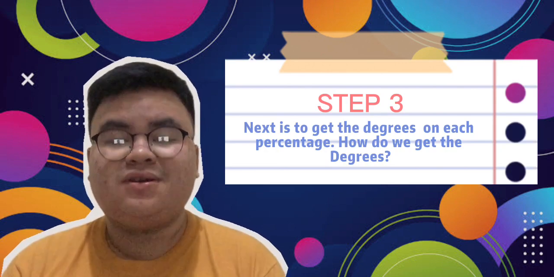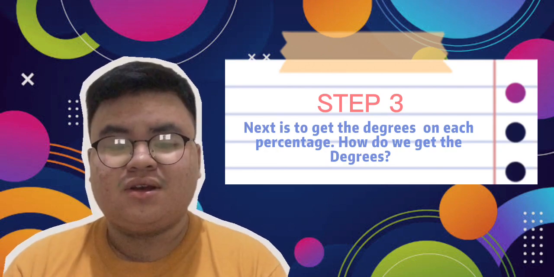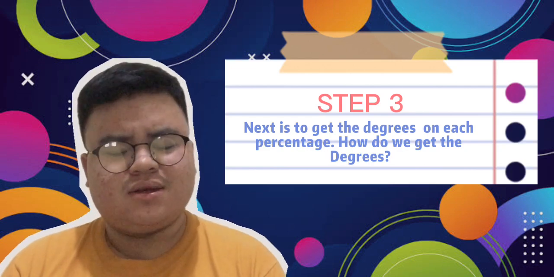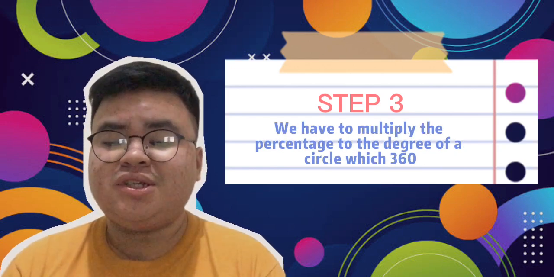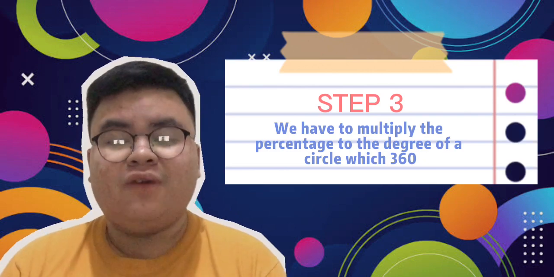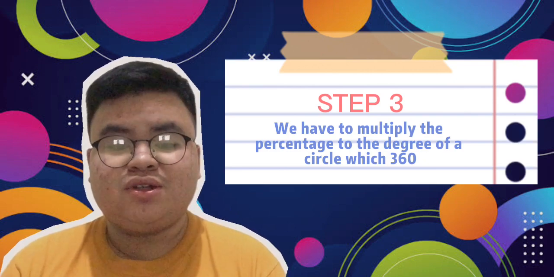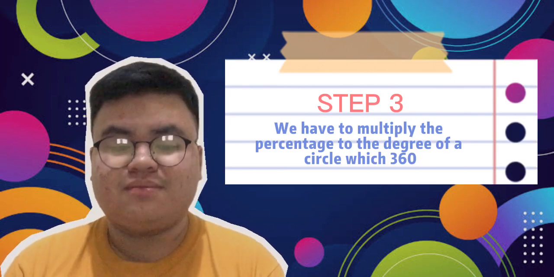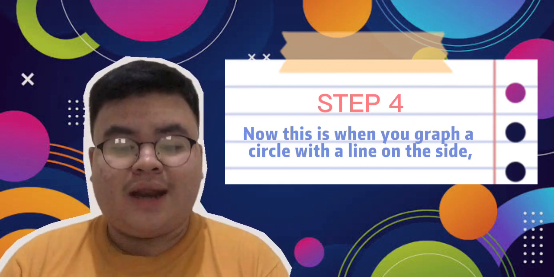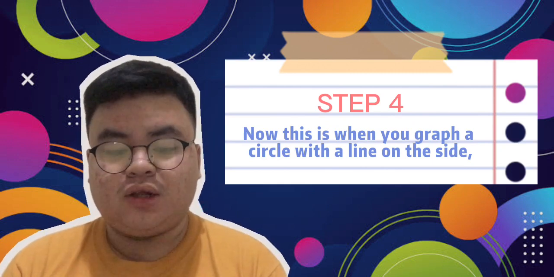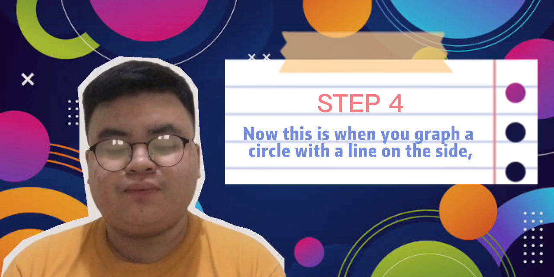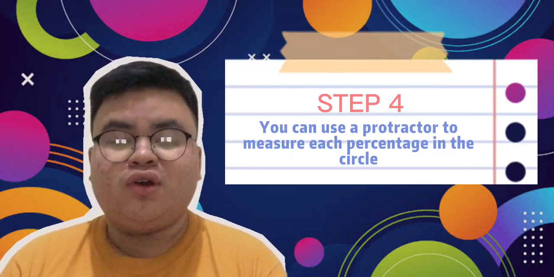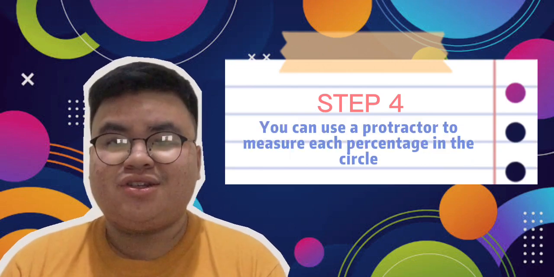Next is to get the degrees of each percentage. How do we get degrees? We have to multiply the percentage by the degrees of a circle, which is 360. Step 4. Now, this is when you graph a circle with a line on the side. You can use a protractor to measure each percentage in the circle.